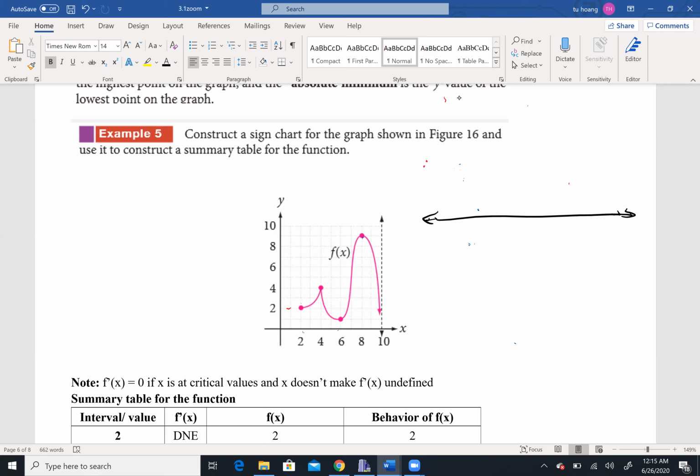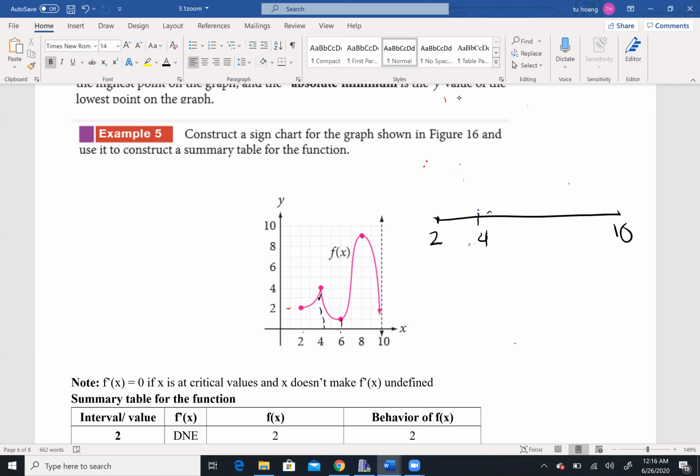I don't want to go from negative infinity to positive infinity, because the graph starts from 2 to 10, right? And I will have some special values on the number line. 4 is the first one, and I'm going to put 4 here.